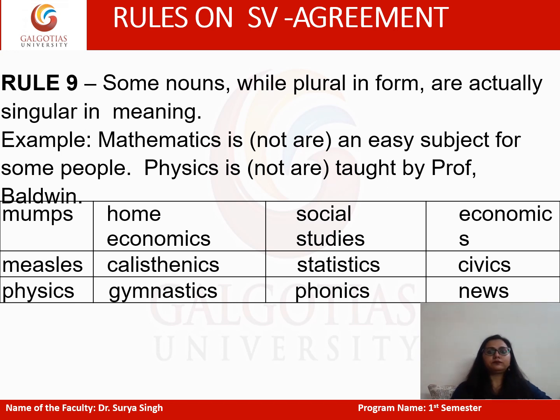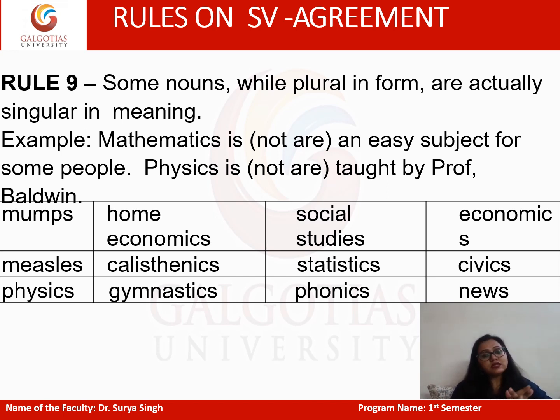Rule number 9 says some nouns, while plural in form, are actually singular in meaning. For example, mathematics, economics, measles, mumps, physics, phonics, news, civics, statistics, social studies, gymnastics.